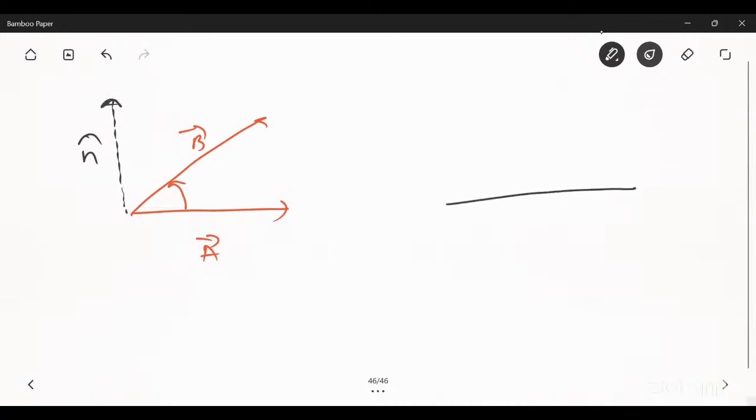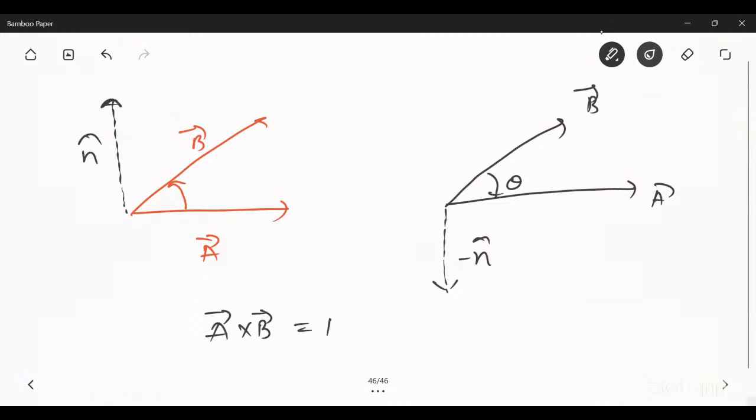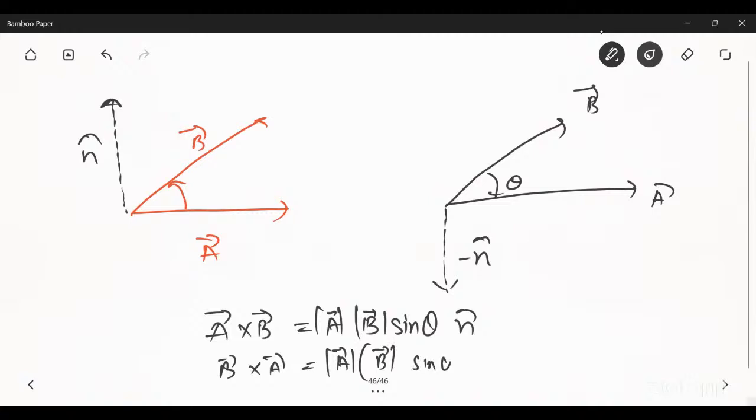Now if you curl from B cross A, that means that is vector B and that is vector A, applying the right hand thumb rule you will get the perpendicular in the negative direction. So A cross B is equal to mod A mod B sine theta n cap, and B cross A is equal to mod A mod B sine theta times minus n cap, because it is in the reverse direction of n cap.